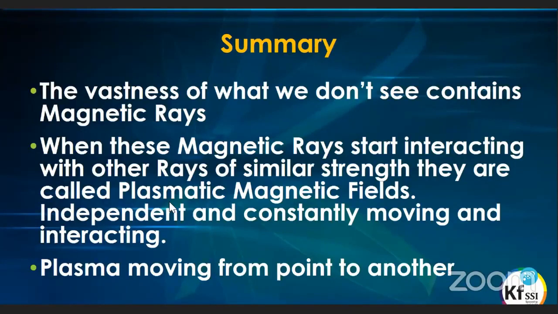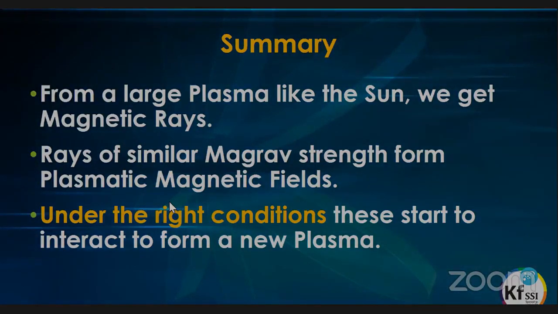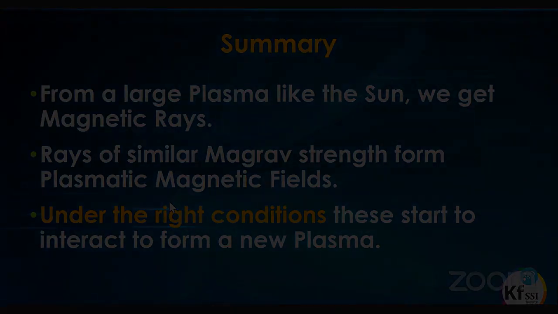And when these magnetic rays start interacting with other rays of similar strength, they're called plasmatic magnetic fields, independent and constantly moving and interacting. So essentially plasma moving from one point to another. And so from a large plasma like the sun, we get the magnetic rays, and the rays of similar strength form plasmatic magnetic fields, and under the right conditions, these start to interact to form a new plasma.